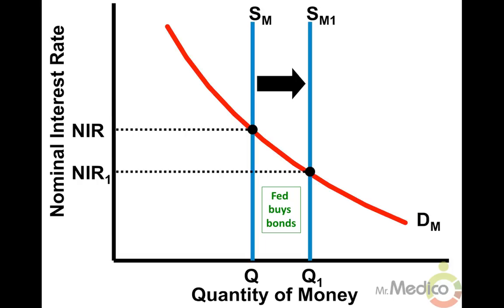So as the Fed buys bonds, it expands the money supply. That brings down nominal interest rates and increases the quantity of money that's circulating throughout the economy. Those lower interest rates would encourage more consumer spending and more investment spending, and that would then link to an increase in aggregate demand in the AD-AS model.